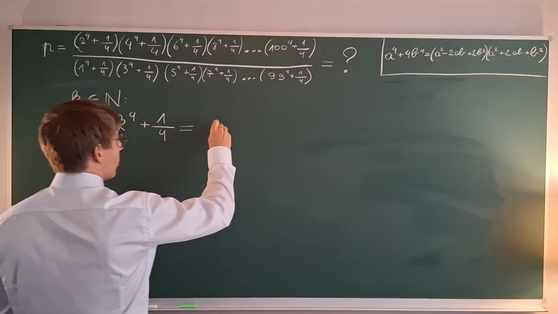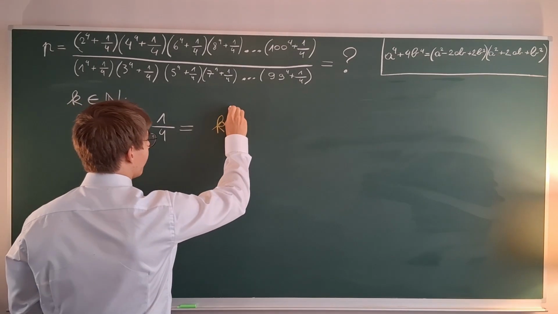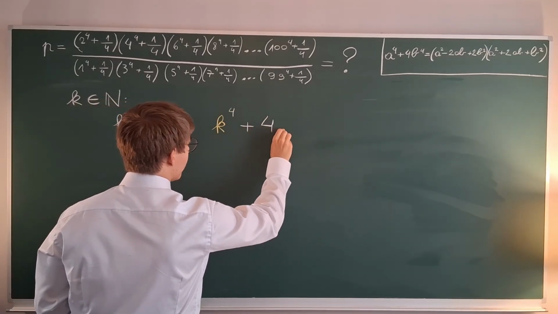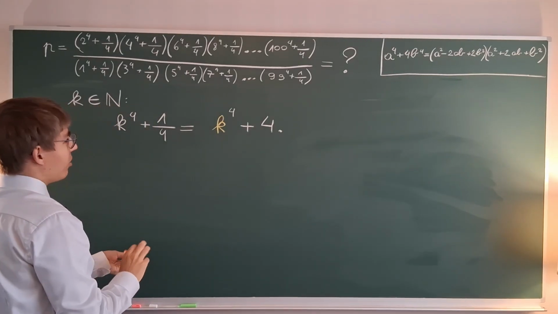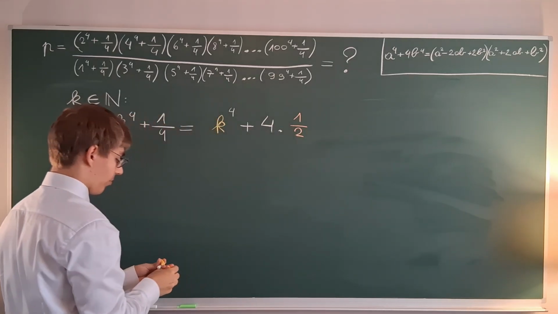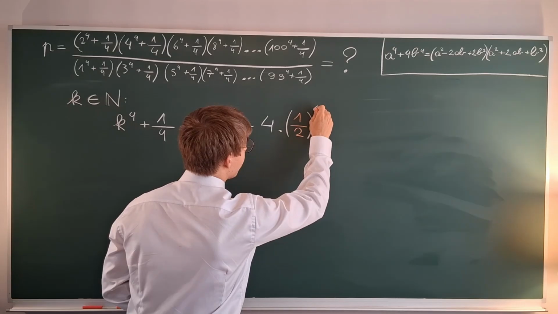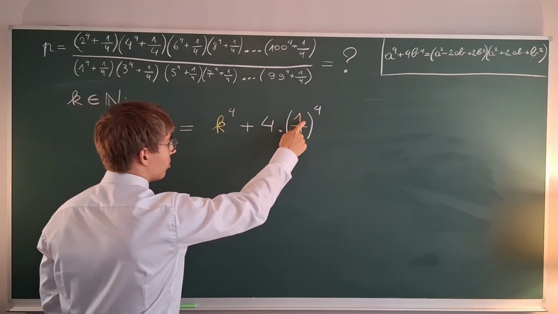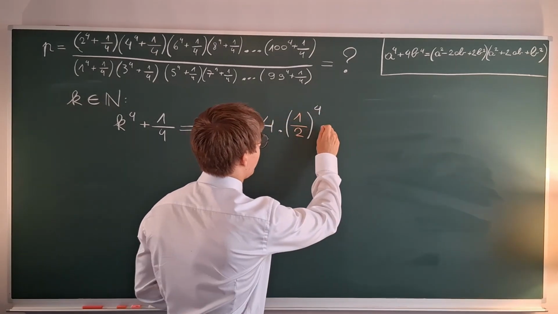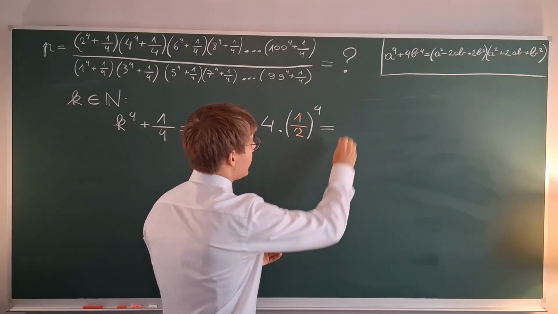Then it becomes k, that is our a value, to the power of 4 plus 4 times, and our b value happens to be 1 over 2. Since if we raise this to the fourth power, then it becomes 4 times 1 over 16, which is exactly 1 over 4.